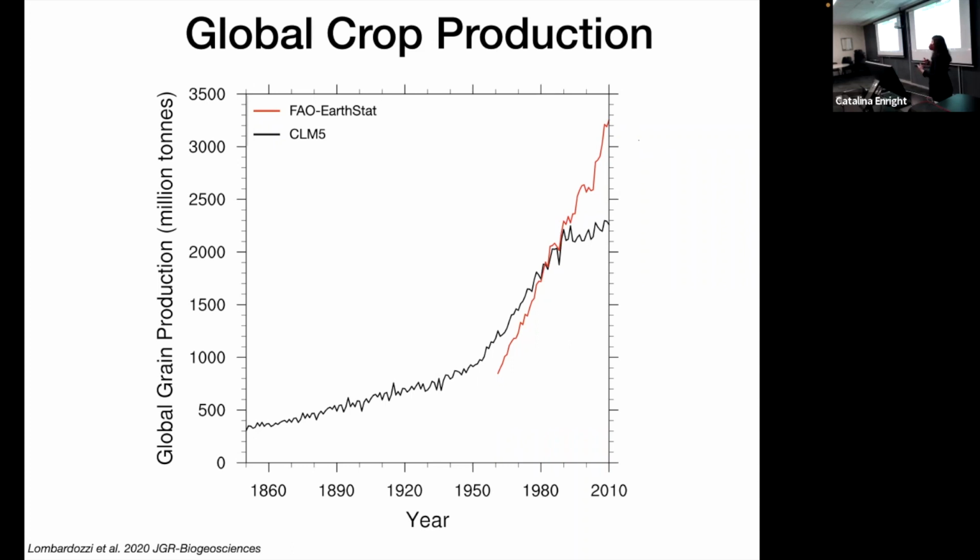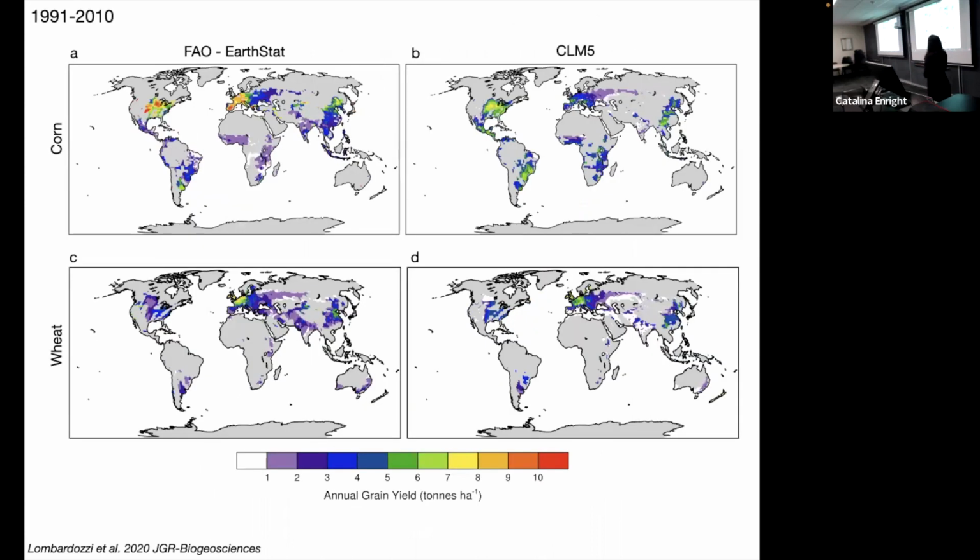So there are things like changes in cultivars, changes in planting density, changes in technology that have all increased yields, continued this linear upward increase, where CLM does not include that, so yields stagnate over that time. So keep that in mind as we're thinking about the impacts of management on yields, which is what I will show you in a minute.